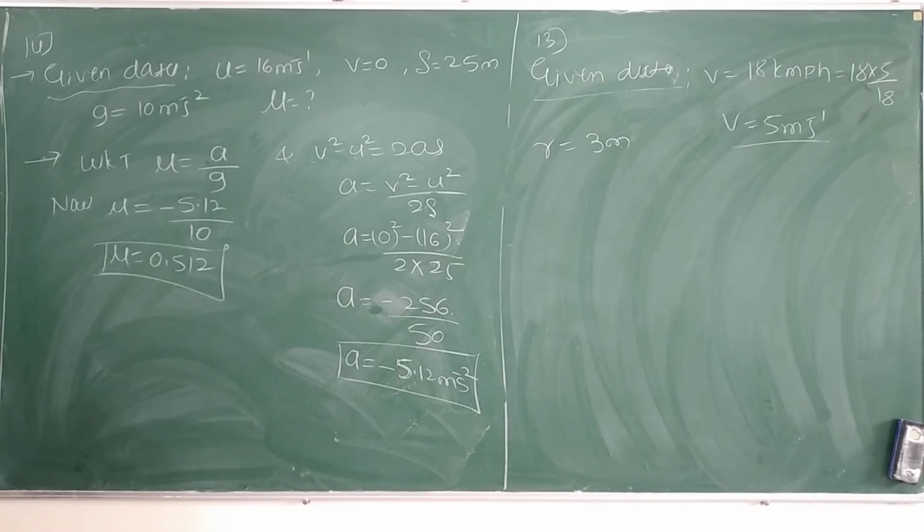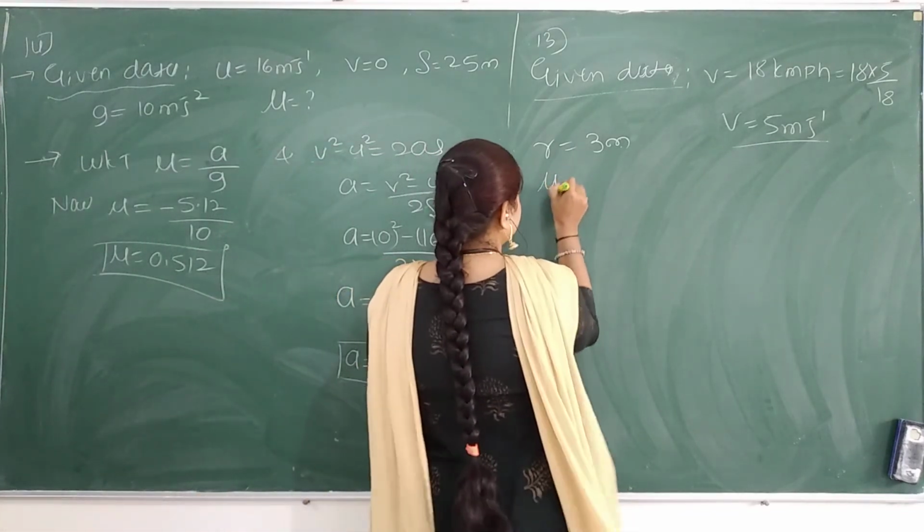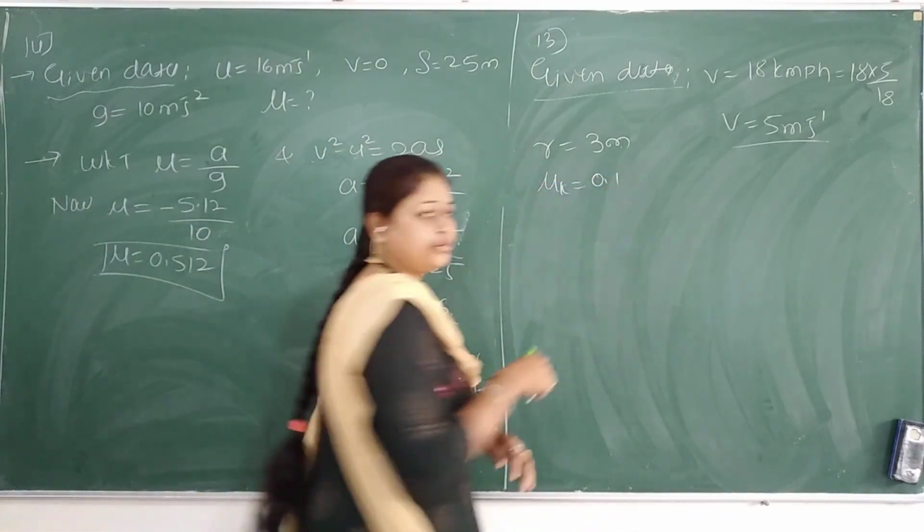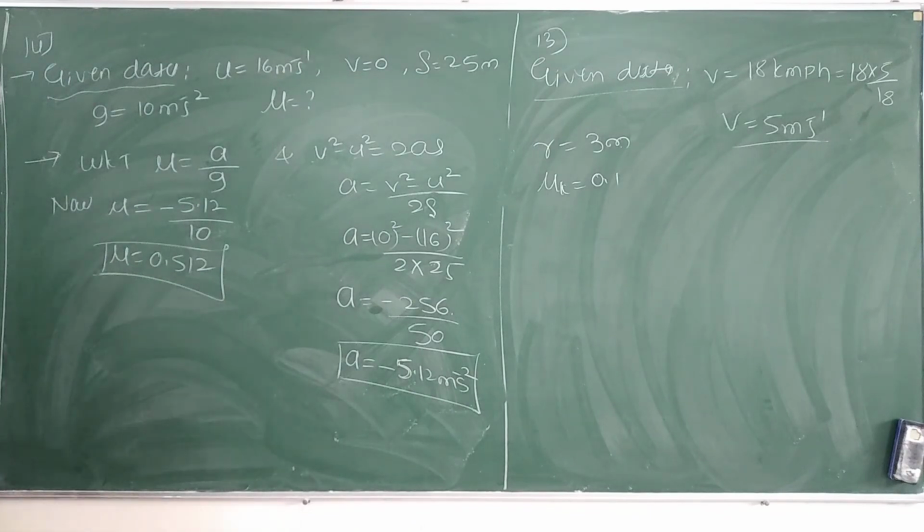Then what is the condition here? How to calculate? The coefficient of static friction between the tire and the road, mu s, is given. It is 0.1, no? What is the question? Will the cyclist slip while taking the turn? They are asking whether the cyclist will fall while taking the turn.